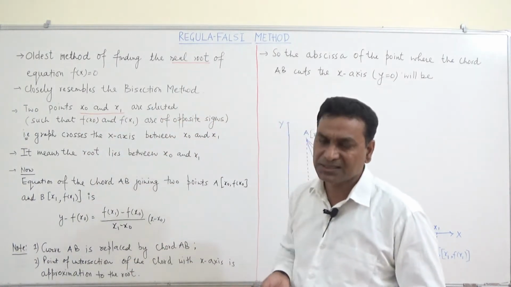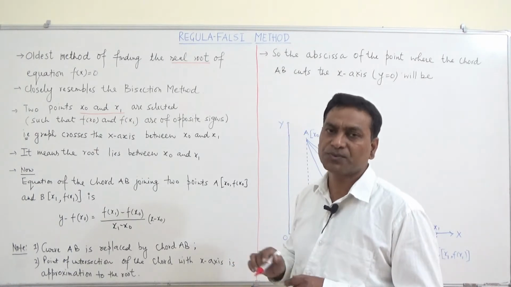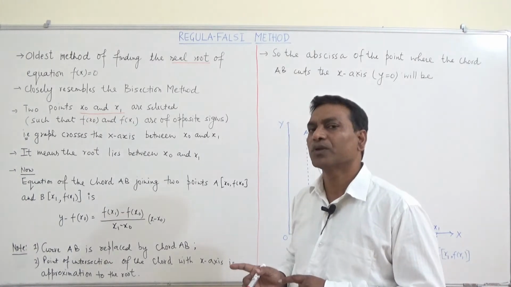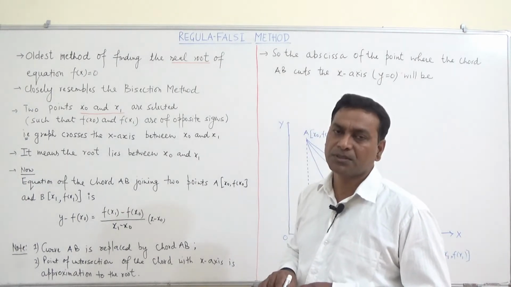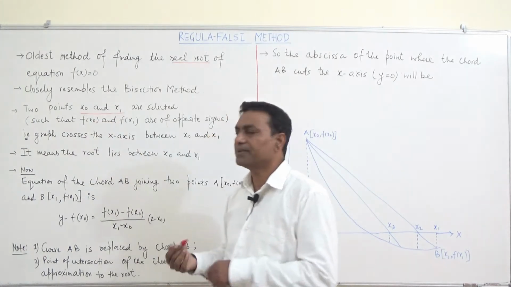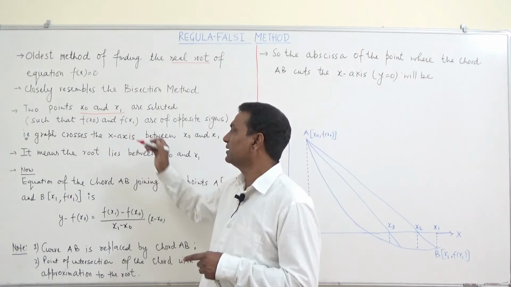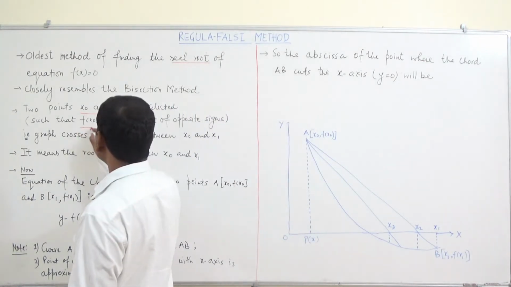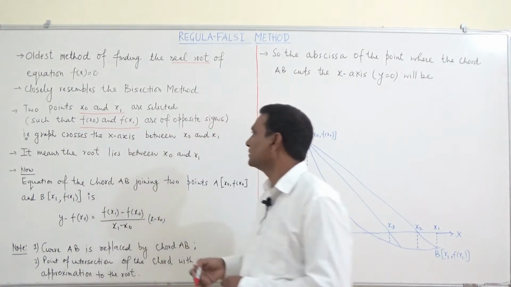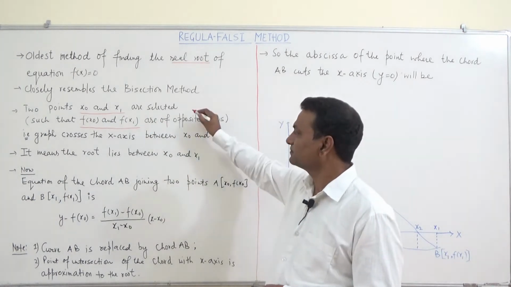These are chosen such that f(x0) and f(x1) are positive and negative, or negative and positive. So the selection of x0 and x1 will depend on the sign of f(x0) and f(x1). As soon as we get opposite signs, then we will select x0 and x1.